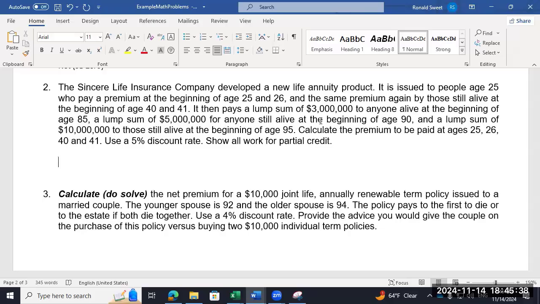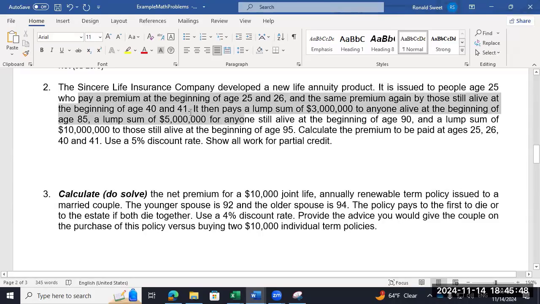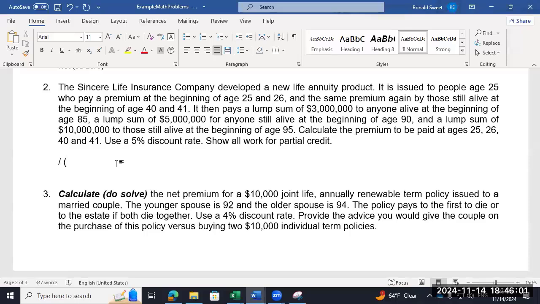But if we look at this, let's start with the denominator because that's the easiest part. You're going to pay a premium at age 25, 26, 40, and 41. Do you all see that? They pay a premium at the beginning of 25, 26, and the beginning of 40 and 41. So what's the first thing in the denominator?